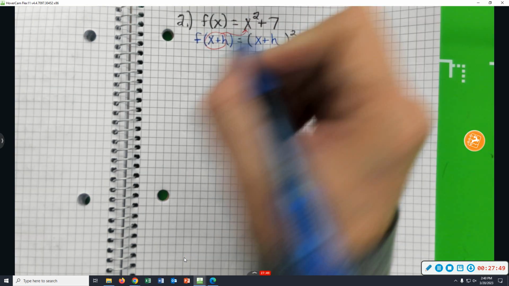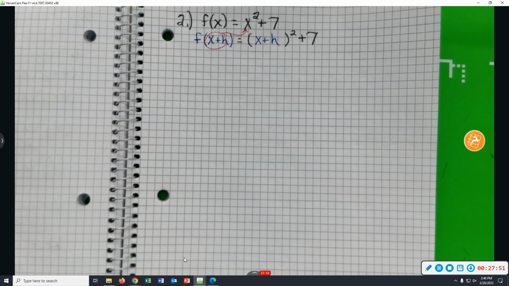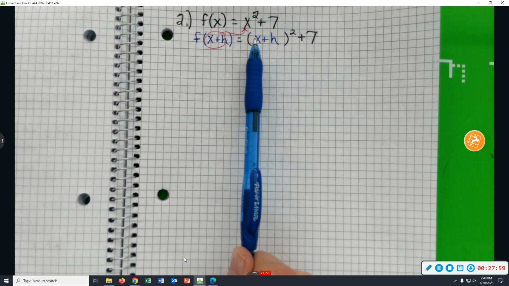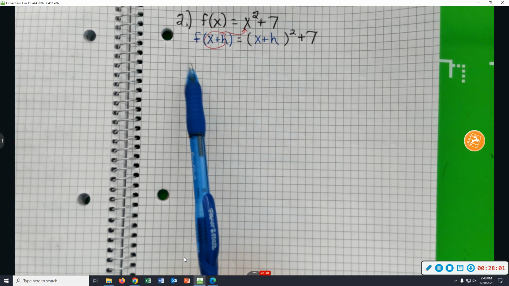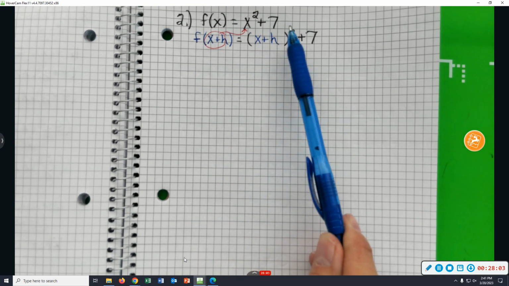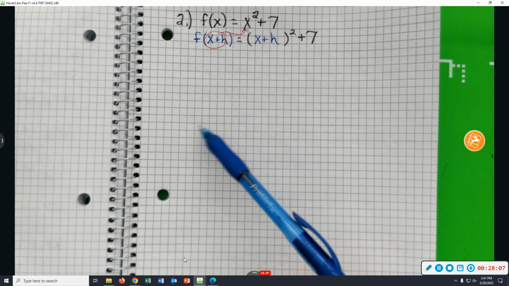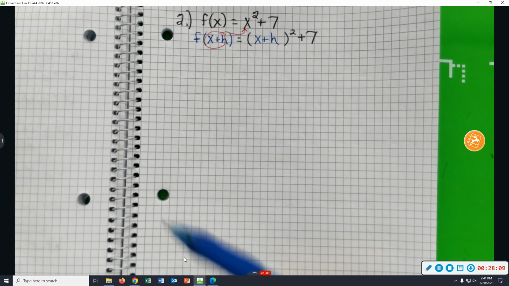And notice how I put it in parentheses? How do I square a binomial? What am I going to have to do to square the x plus h? I'll give you a hint. You don't just square the x and square the h. It's a 4-letter word. Foil it out.